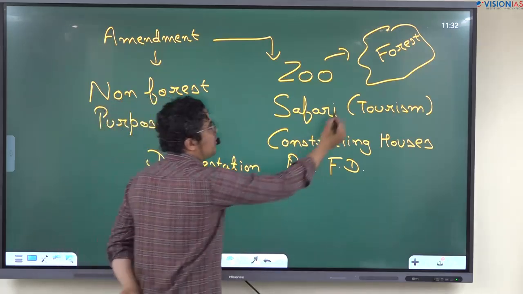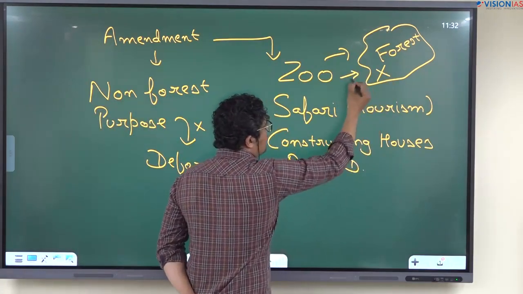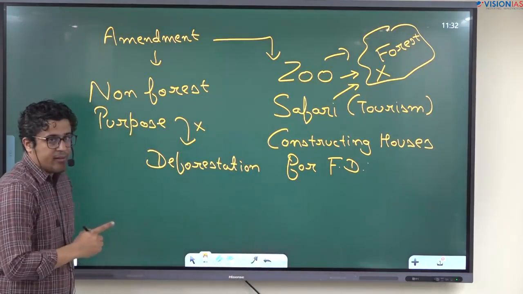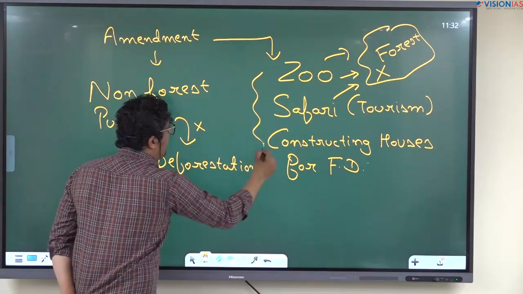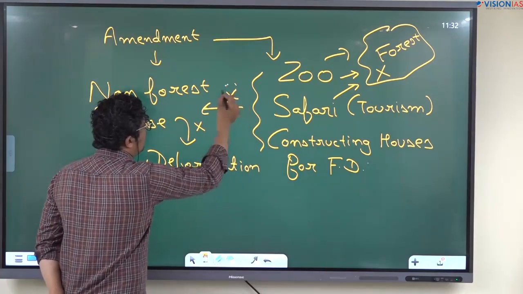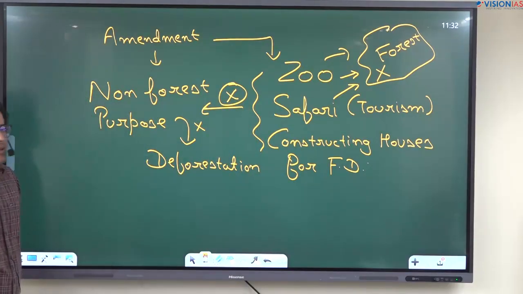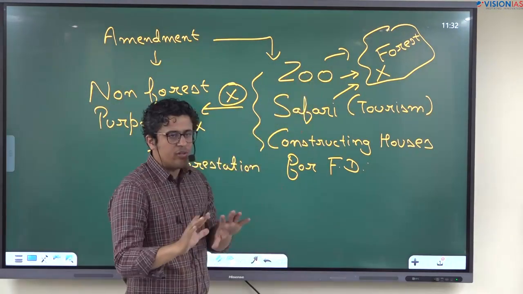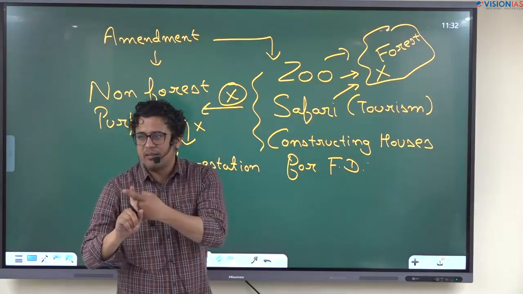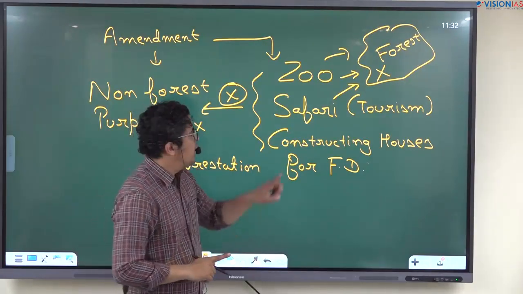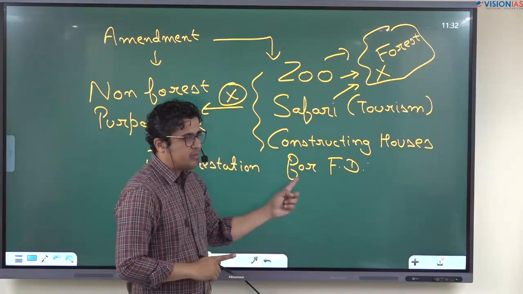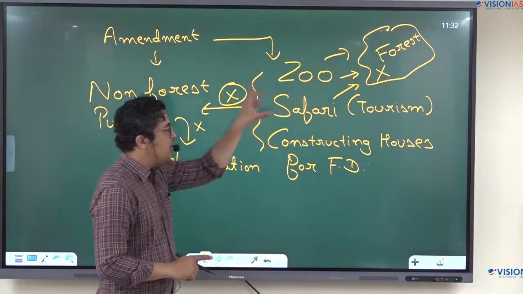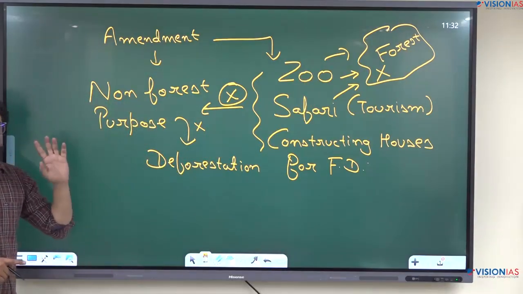Okay, you need to cut the forest to start a zoo, to start tourism, or to construct houses. Then this will not be considered as non-forest purpose. Okay, try to understand. Earlier, they were non-forest purpose. Permissions were denied. But what the amendment says, if you are doing this and you have to cut the forest, this will not be considered as a non-forest purpose.